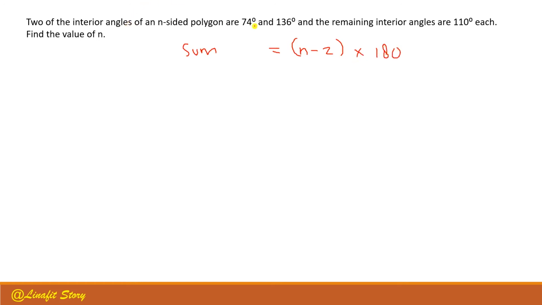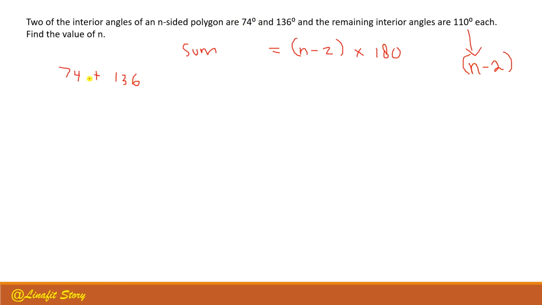The interior angles are 74, 136, and the remaining interior angles are 110 each. How many sides are there? We don't know. For unknown numbers, we use a letter, for example, the letter n. We only know the two interior angles, 74 and 136. So the remaining interior angles number n minus 2.